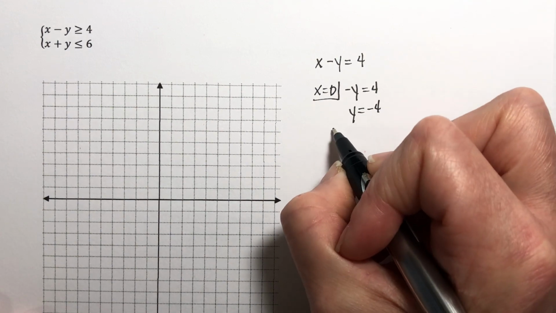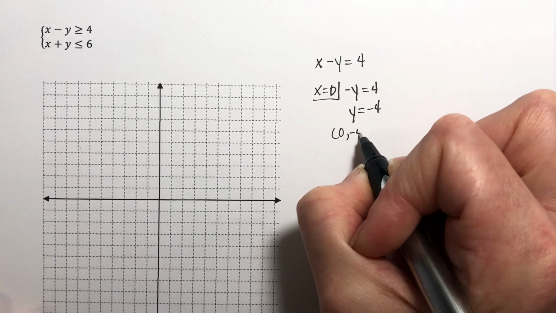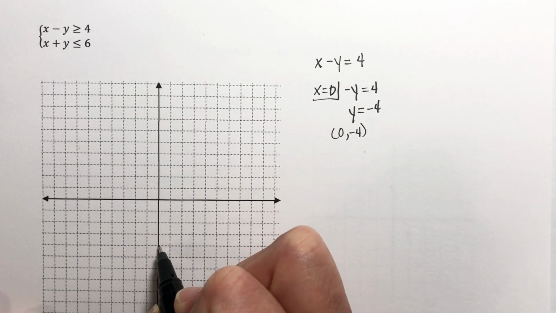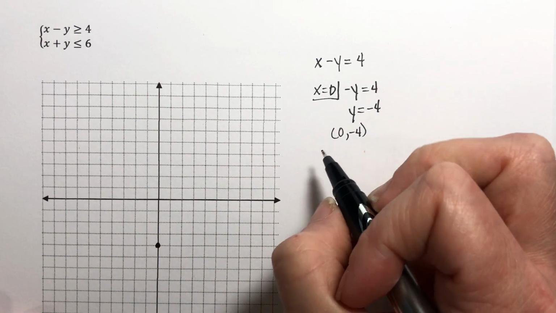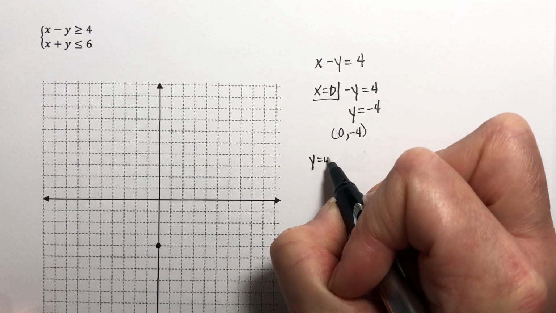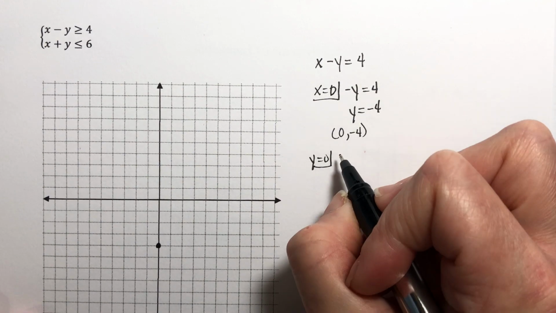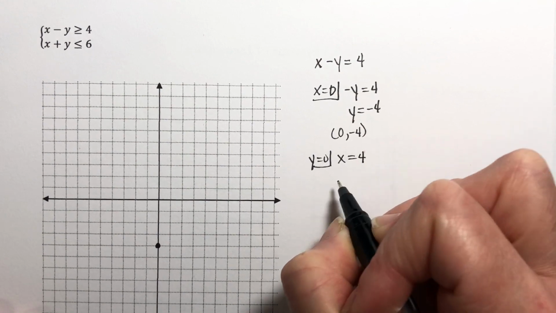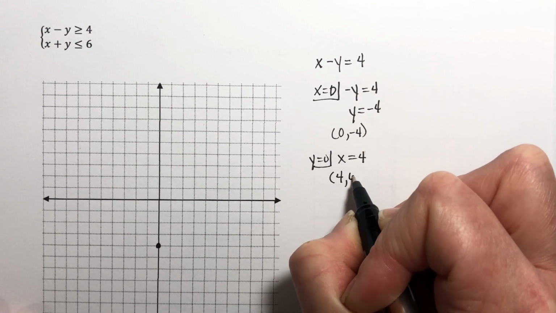That gives me the point 0, negative 4. Okay, and then if y is 0, then I have x minus 0 equals 4. So that would be the point 4, 0.